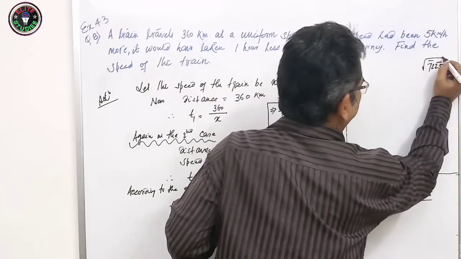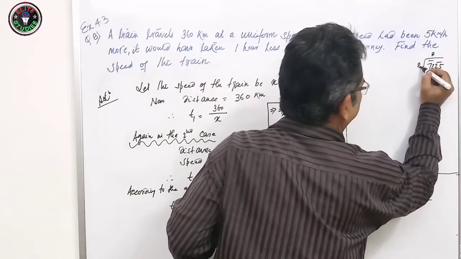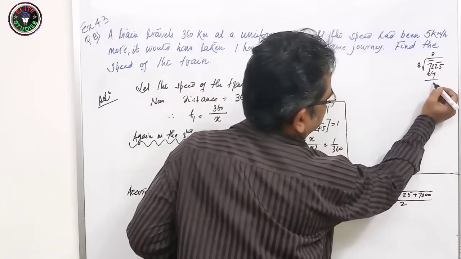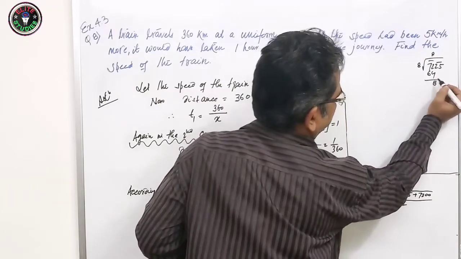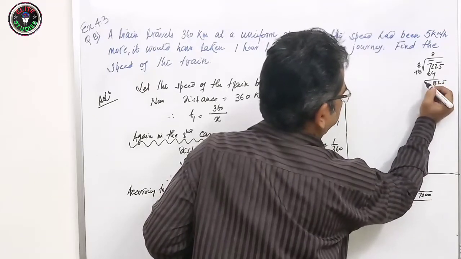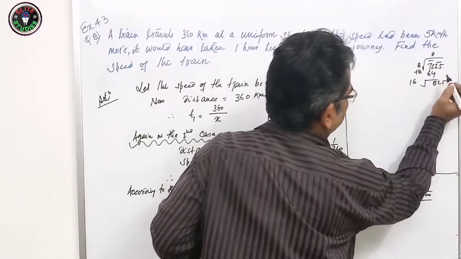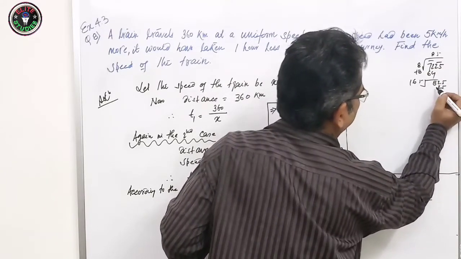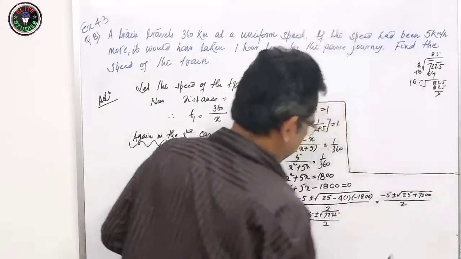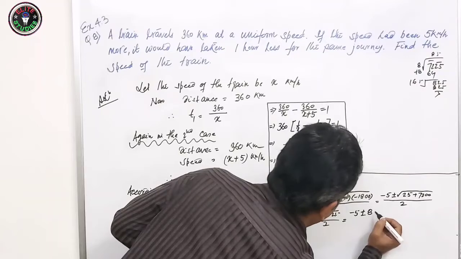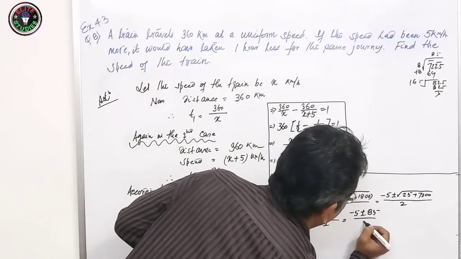Let us find out the square root of 7225. It comes to 85. So it will be equal to minus 5 plus minus 85 by 2.